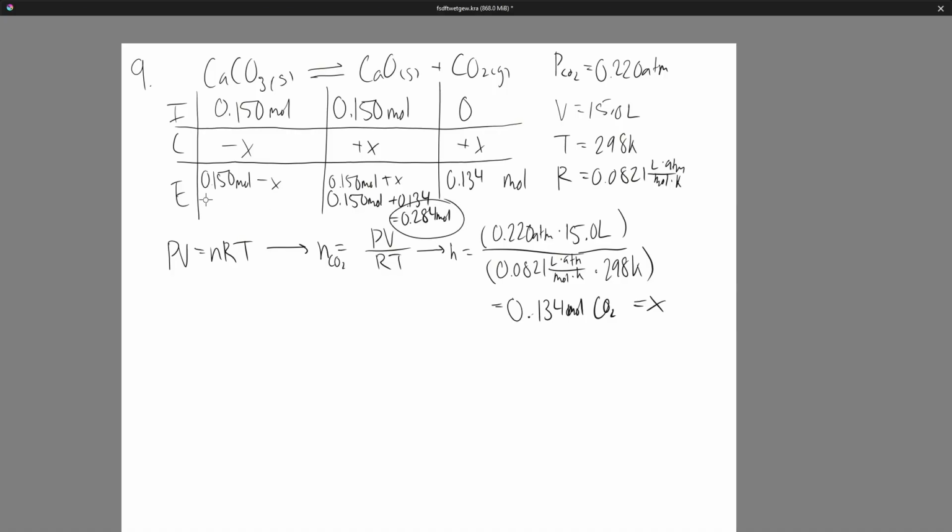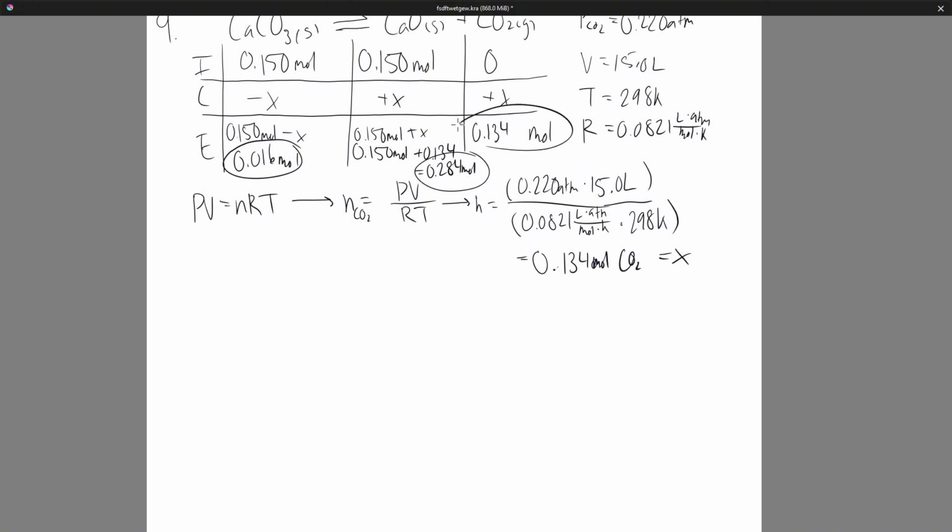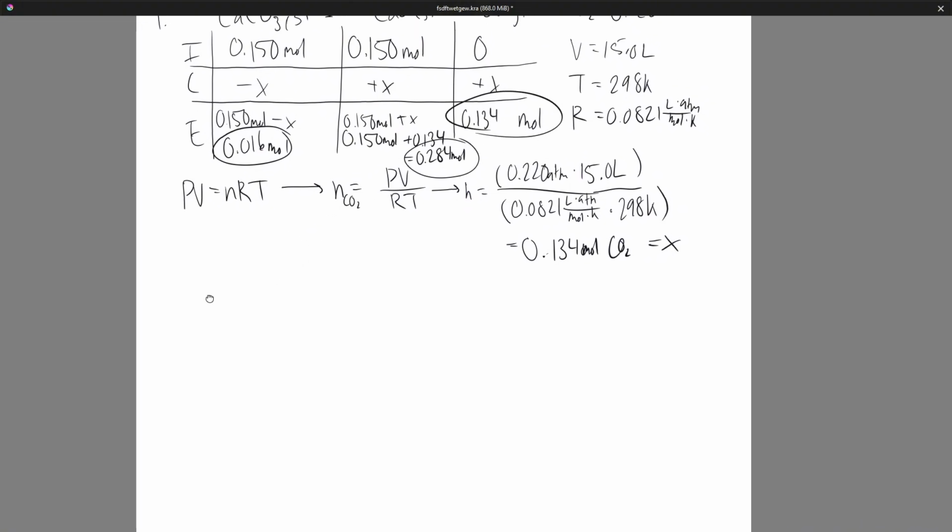And subtracting it from this, it should be 0.16 moles. I'm not gonna write it out like how I did here because I'm a little lazy. But that's what we use for this second ICE table.